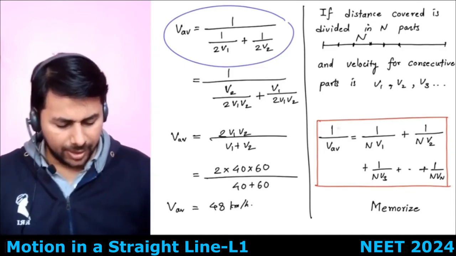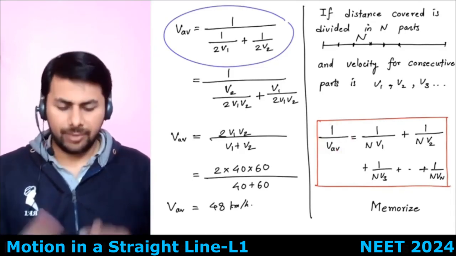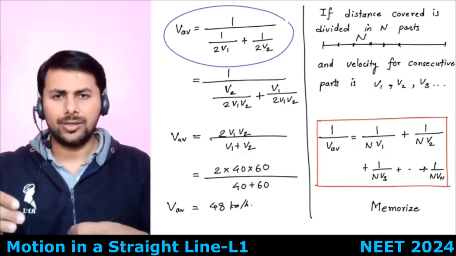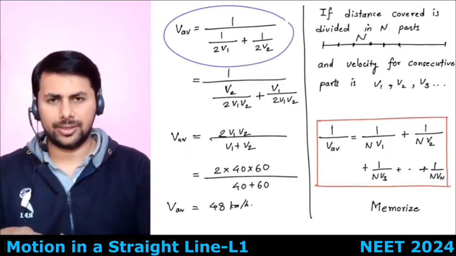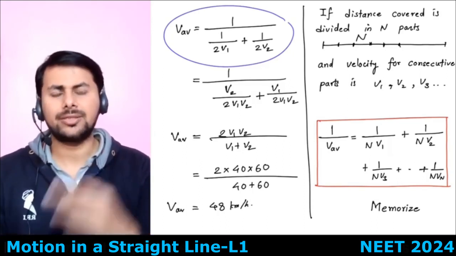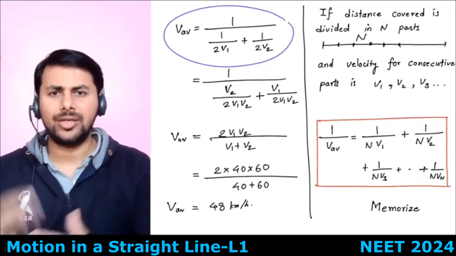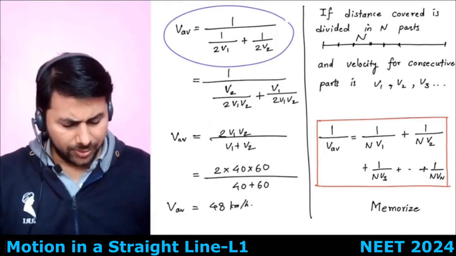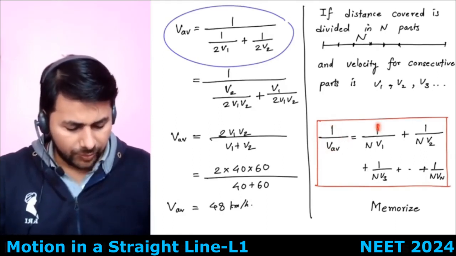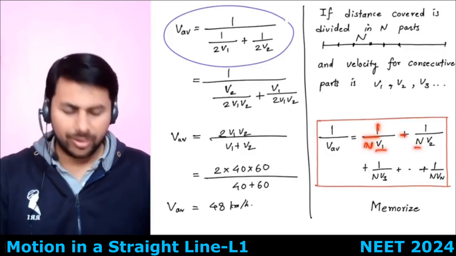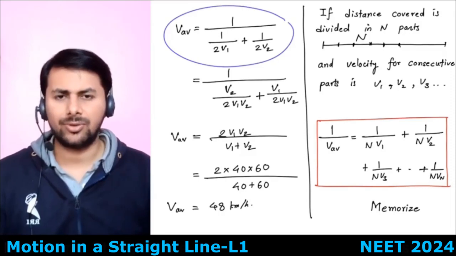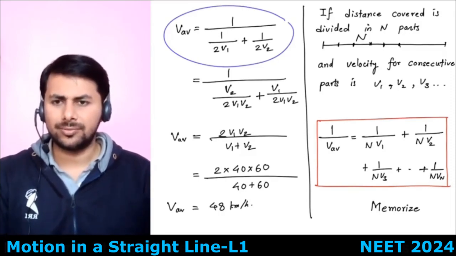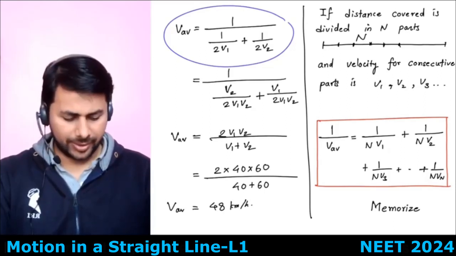What will happen? 1 upon v average, if the total distance is broken in n parts of same length, and those individual distances are covered with speed v1, v2, v3, etc., will be equal to 1 upon n v1 plus 1 upon n v2 plus 1 upon n v3 plus so on and so forth, 1 upon n vn. This is your formula. Is the formula clear?